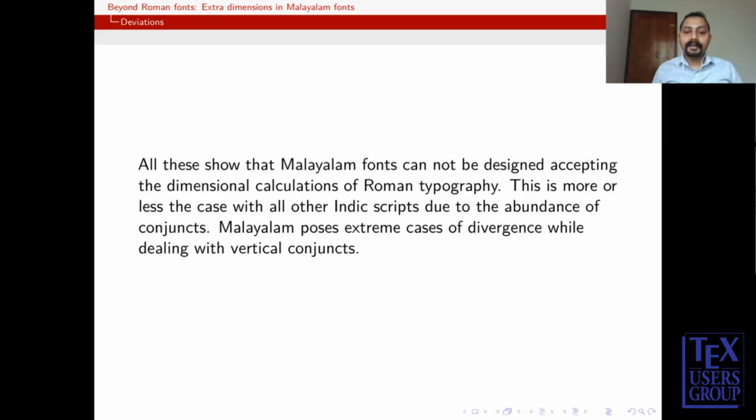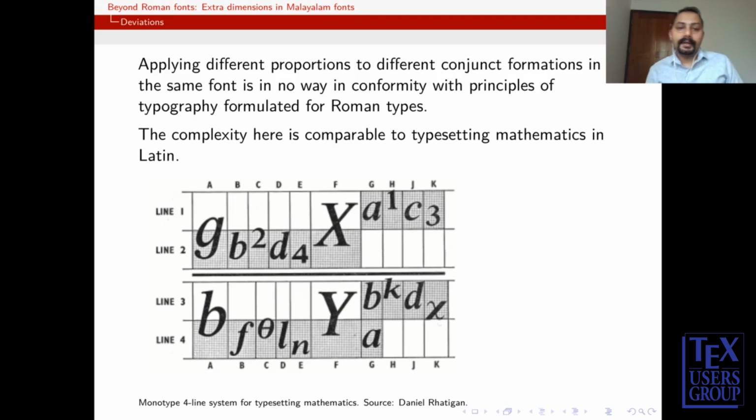And some Indic fonts do not have a lot of vertical conjuncts, but Malayalam unfortunately has a number of them. And only applying different proportions to different conjunct formations is the only solution to produce an aesthetically pleasing traditional script font, but it is totally not in conformance with the Latin font metrics.